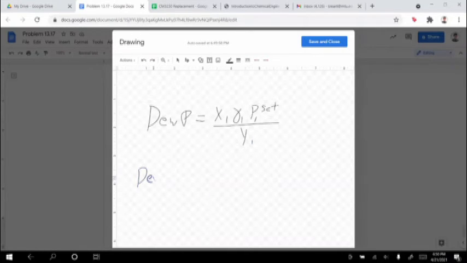So our dew pressure is equal to x1, which is going to be what we just found from the Excel document, which is 0.01045. Our activity coefficient, so this is going to be for species 1, so that's going to be the exponential of 0.95 multiplied by, and a note is that we can't use the activity expression from part A because our x1 has changed.